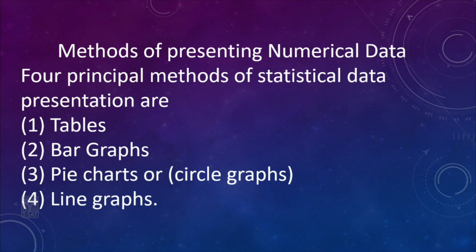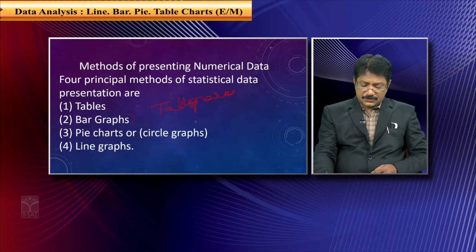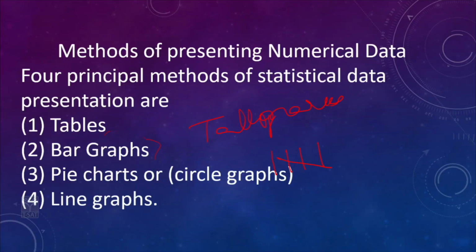When you consider tables, we use tally marks. Simply we write 1, 2, 3, 4, and the fifth one we write as a cross stroke, which is called 5. When you collect the raw data, we make it into a tabular form.